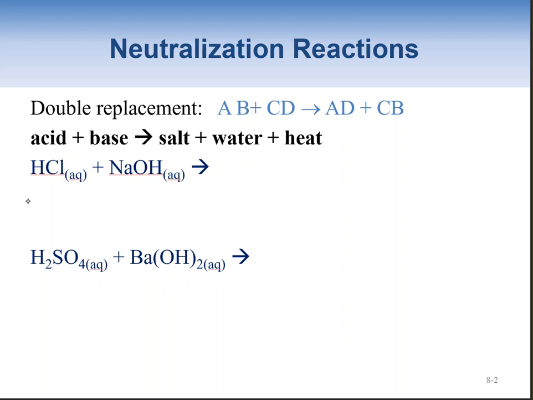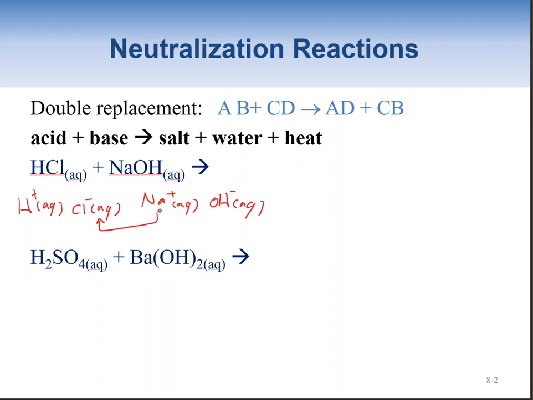So, first step, we want to identify the ions, cations, and anions that we have in our solution mixture. From the hydrochloric acid, I would expect hydrogen ion and chloride ions. From the sodium hydroxide solution, I would expect sodium ion and hydroxide ions. Now, I'm going to swap the cations and anions.